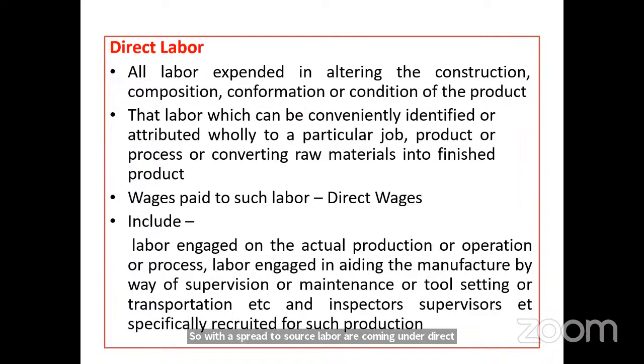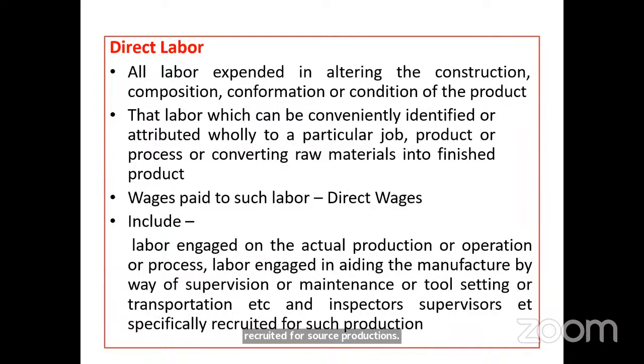Direct labor includes labor engaged on actual production, operation or process, labor engaged in aiding the manufacture by way of supervision, maintenance, tool setting or transportation, etc., and inspectors or supervisors specifically recruited for such production. Let's say a production supervisor is there.